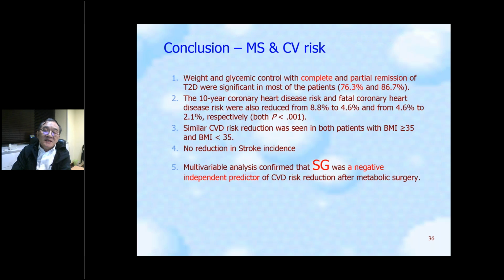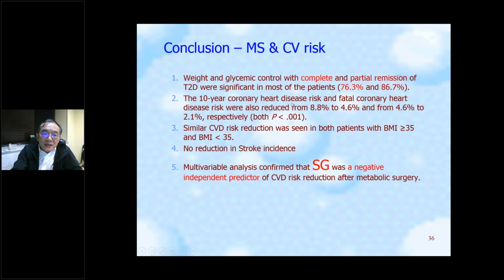So for this study, I think you can see the handout we provide in the webinar. The conclusion for this study is, first, for diabetes control, bariatric surgery or metabolic surgery can provide a 76% complete remission and 86% partial remission in 1 year.